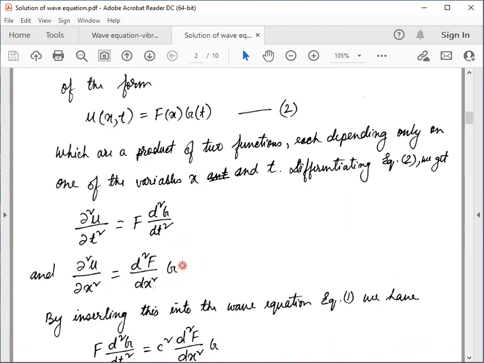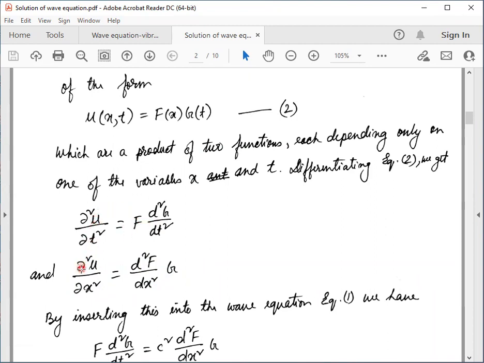Here g is a function of only t, so when we are partially differentiating with respect to x, we can take g as a constant. Similarly, f is a function of only x, and when we are differentiating partially with respect to t, f can be considered as a constant, and that is what we have done here.